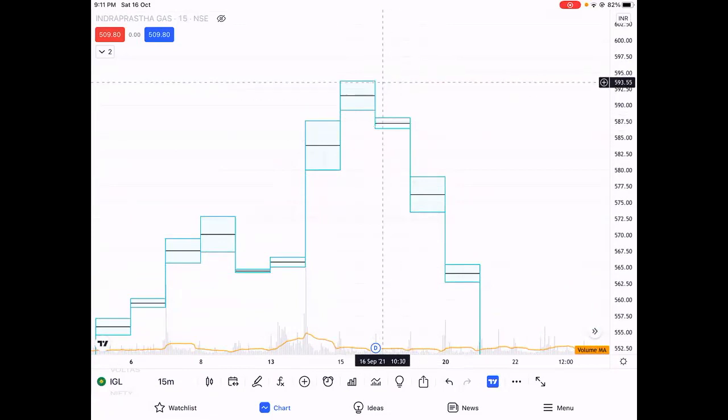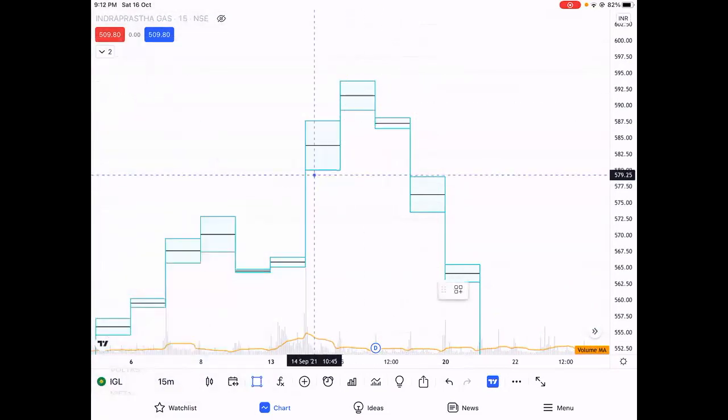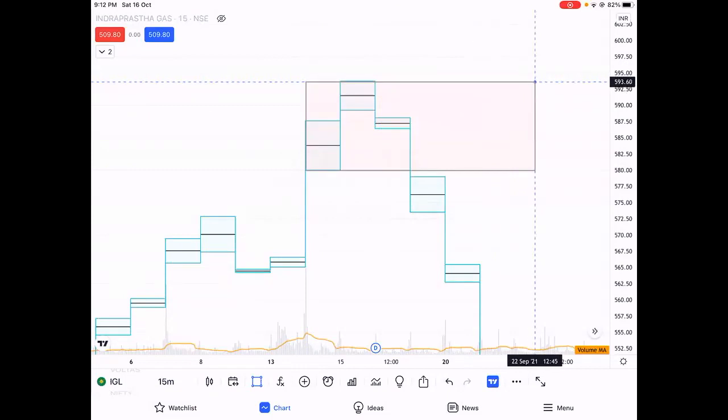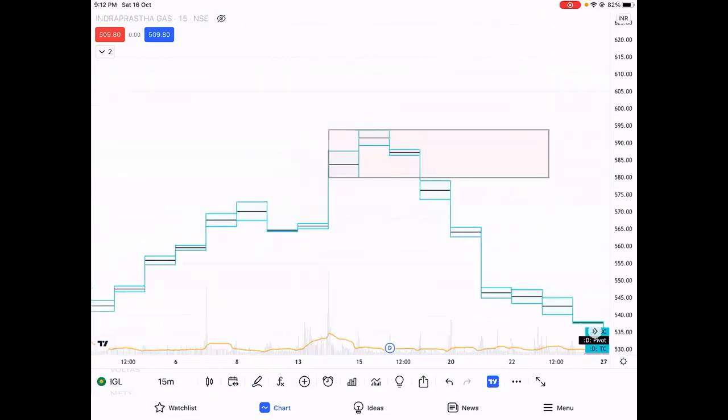My entire reversal will be confirmed when this particular range is taken out. I'm just talking in terms of CPR, not candlestick or price action, demand supply. As we are using CPR, we will only take CPR into consideration.